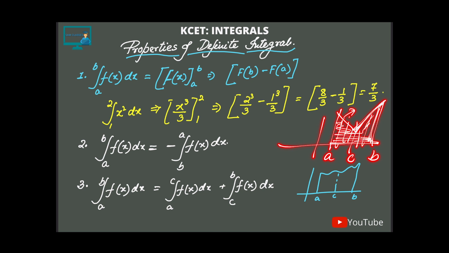A to c, since the function value fx was different, we will integrate by this fx. And from c to b there was a bit of change in the fx, so we'll do by this g dash x dx. Okay, clear? So very simple. We use this, so very easy for the integration part. More application will be shown in the PYQ section.